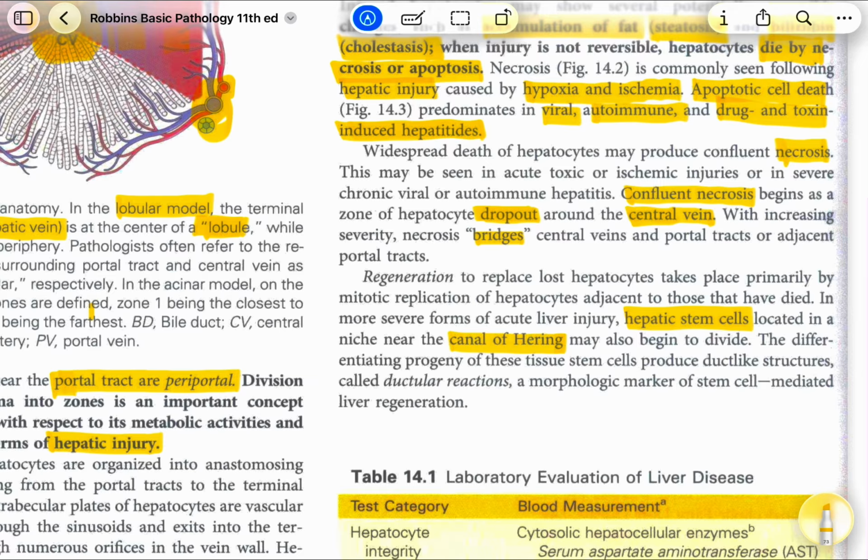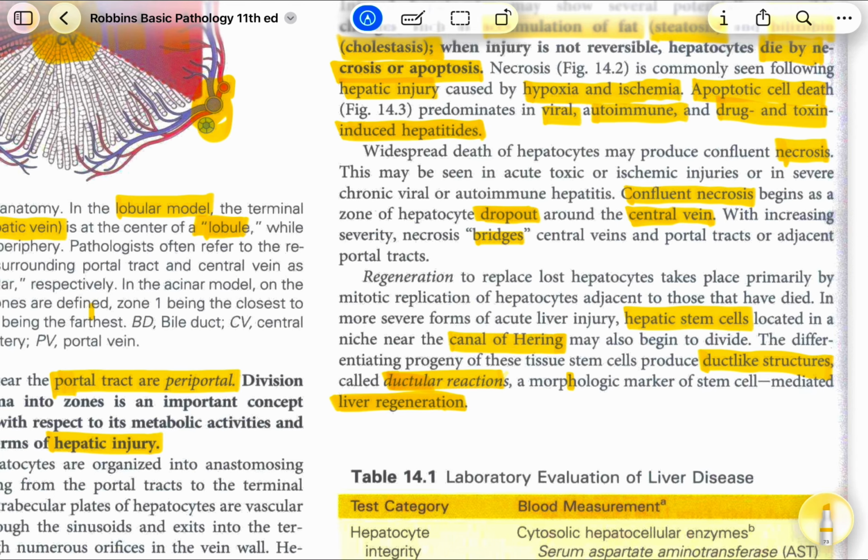The differentiating progeny of these tissue stem cells produce duct-like structures called ductular reactions, a morphologic marker of stem cell mediated liver regeneration.